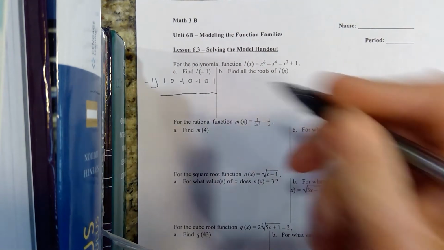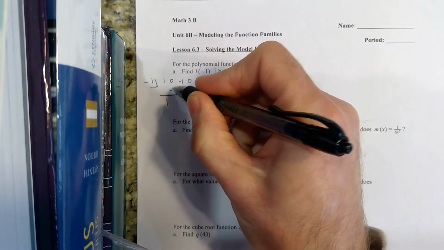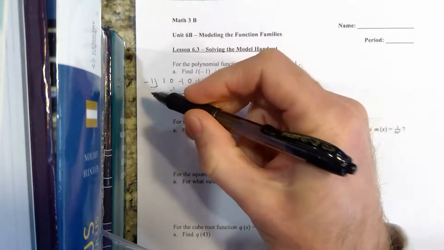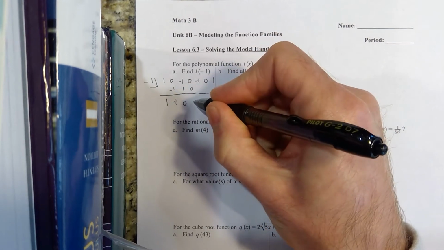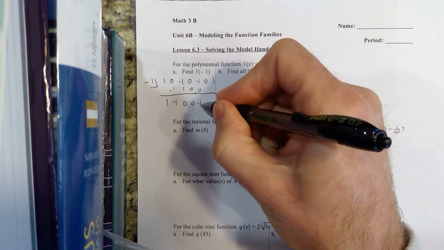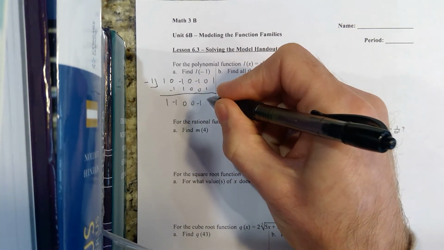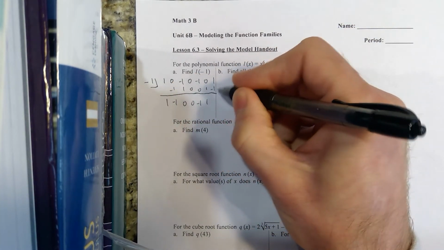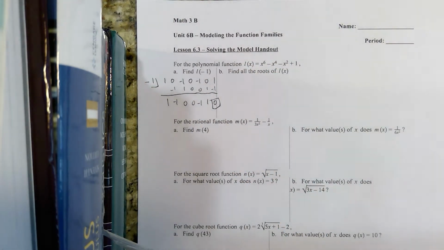So hopefully this will refresh your memory. So bring that down. -1 times -1 is 1. -1 times -1 is 1. And -1 times 1 is -1. And sure enough, we get our same answer, 0.